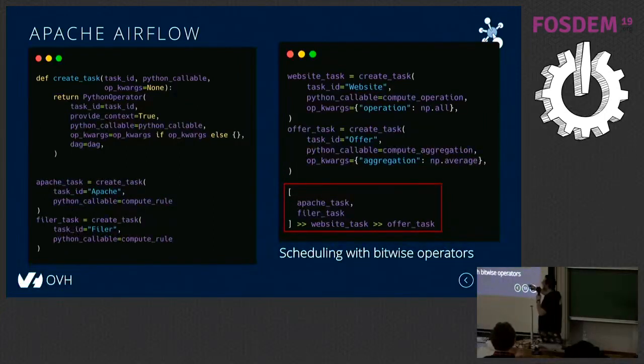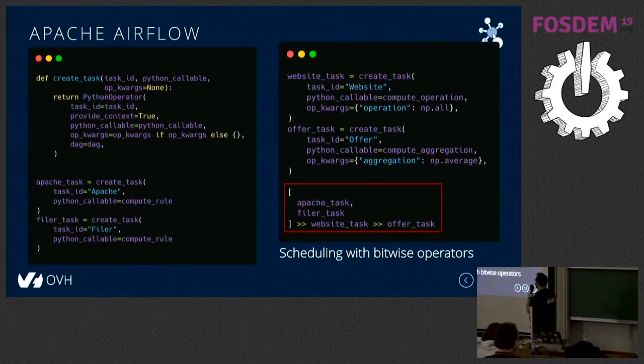So here, it's sort of static because I created the Python callable, the compute rule, etc. Let's imagine that DEPC code uses Airflow to parse the user configuration and create this code dynamically.